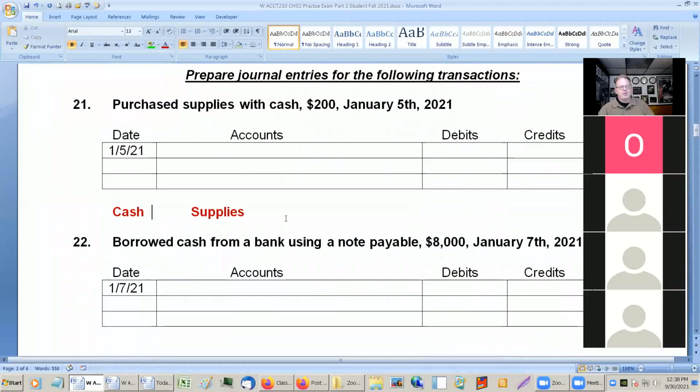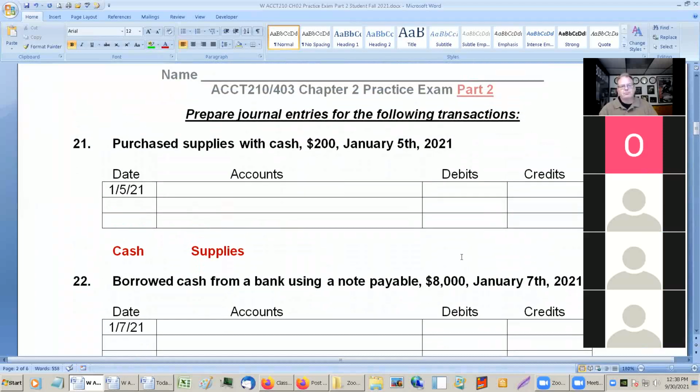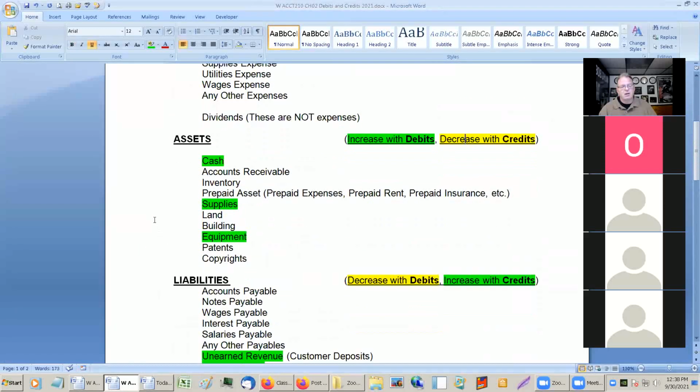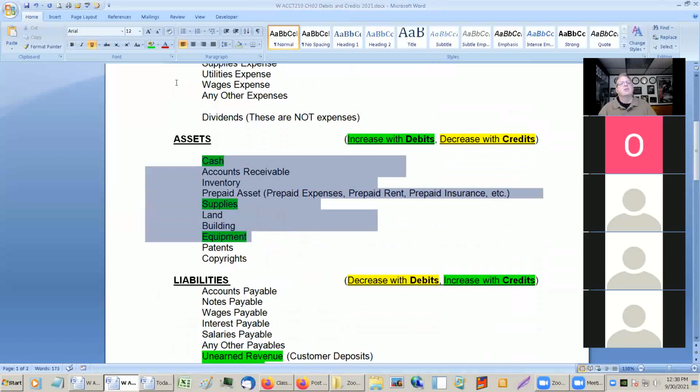Okay. Is the cash going up or down? Down. Supplies, up or down? Up. Okay, so from this, we can make the journal entry. We can just look on this sheet here.